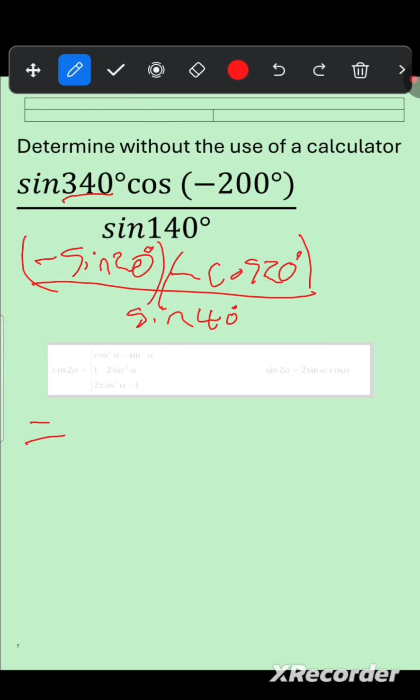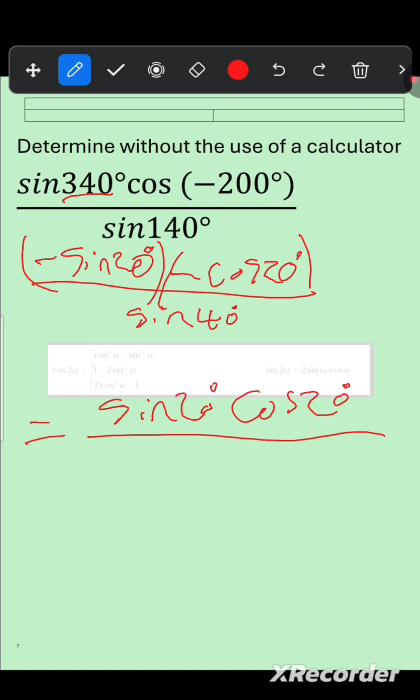So this is equal to 20 multiplied by 20, negative and negative positive. So sine multiplied by cos, that will be sine 20 cos 20 degrees all over sine 40.